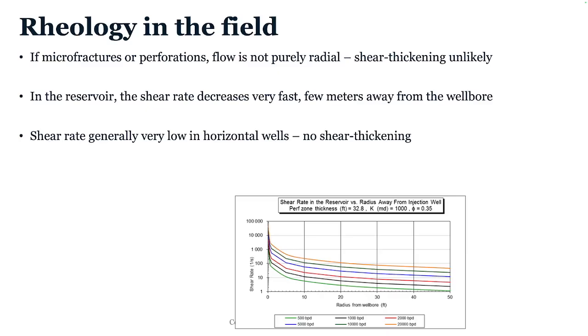If I look at this slide again, what should be remembered is that if you have fractures or perforations, shear thickening disappears. The shear rate decreases very fast, as you see at the bottom of the slide on the graph, which is 3 meters away from the wellbore.